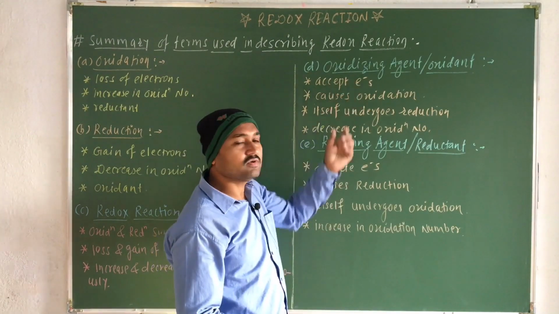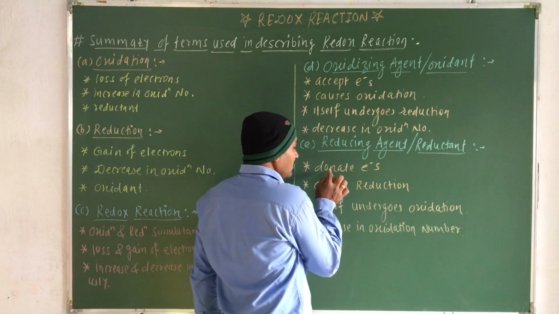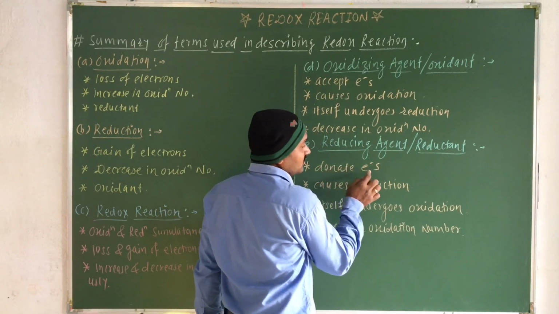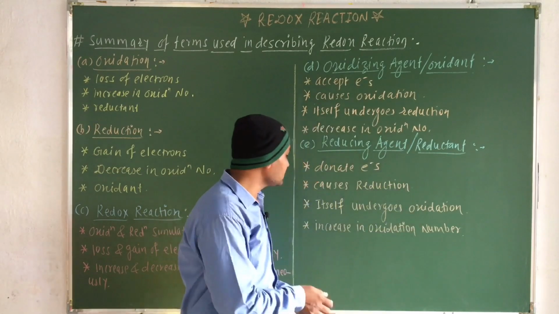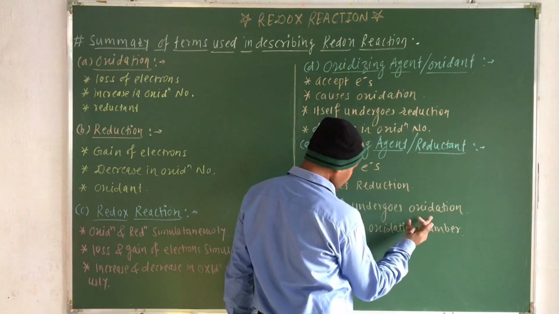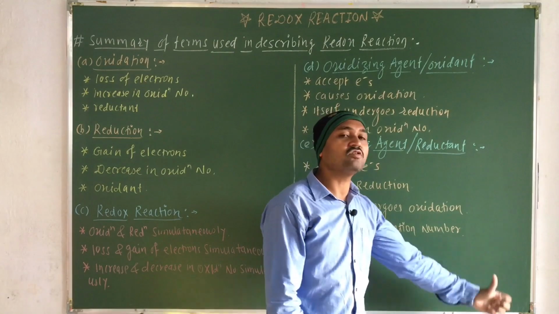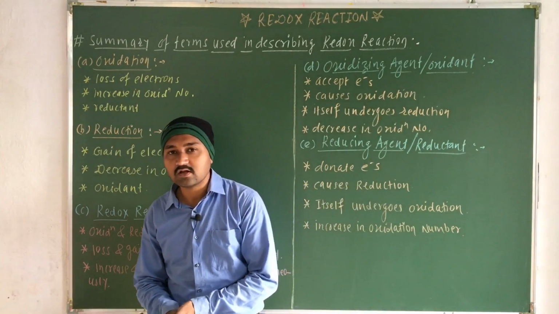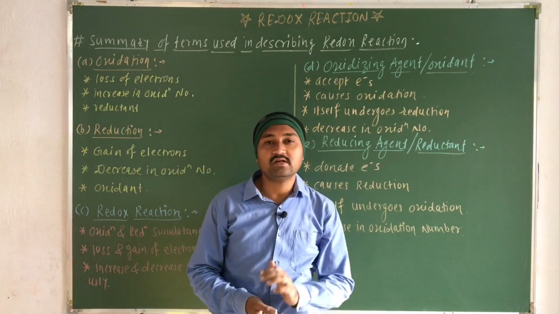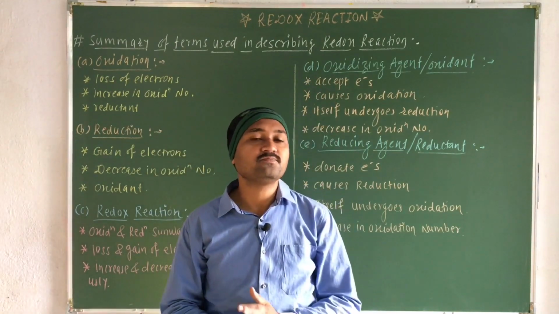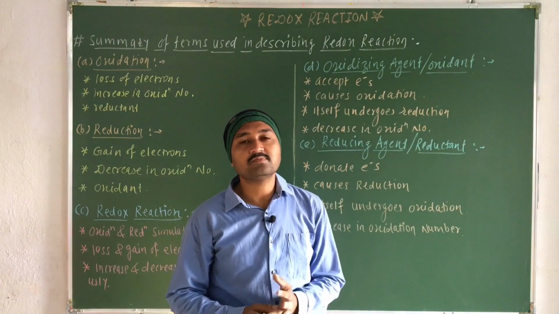Exactly opposite to this. Your reducing agent donates the electron, it causes the reduction in the chemical reaction, itself undergoes oxidation, and there is an increase in the oxidation number of the species. So this is in short the summary of both concepts, that is the electron transfer concept as well as your oxidation number concept.